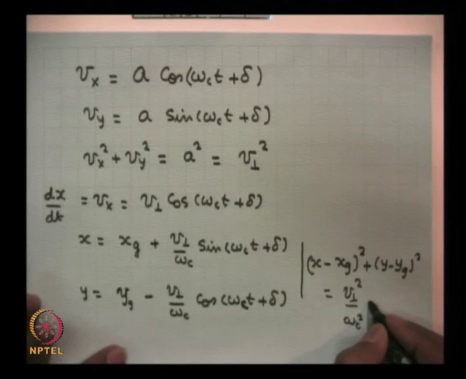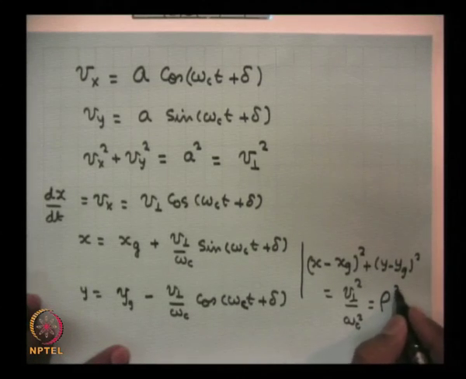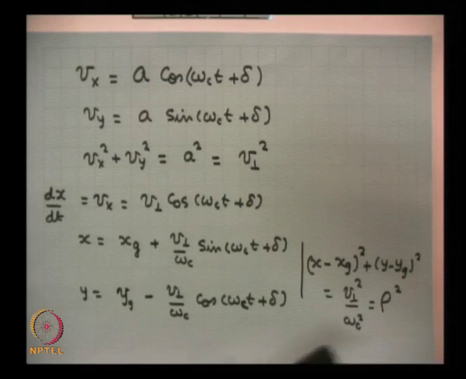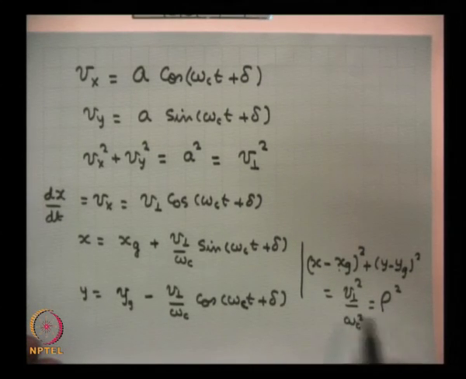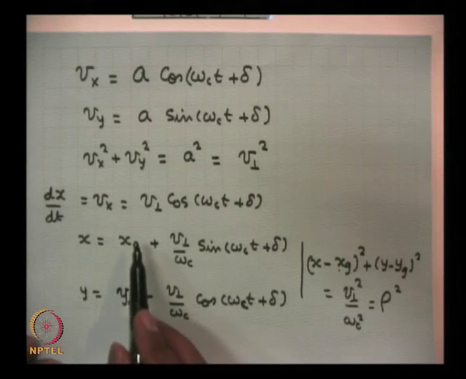This quantity is given a symbol called rho, or Larmor radius. This is the equation of a circle whose center is at xg yg and whose radius is rho, which is V perp upon omega c. And so, the electron really rotates on a circle.